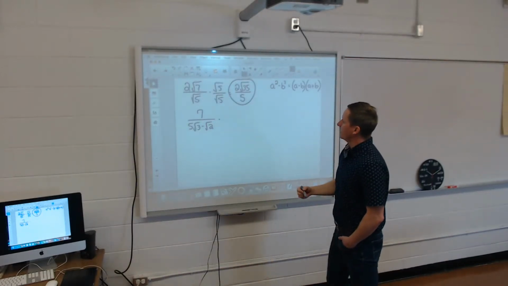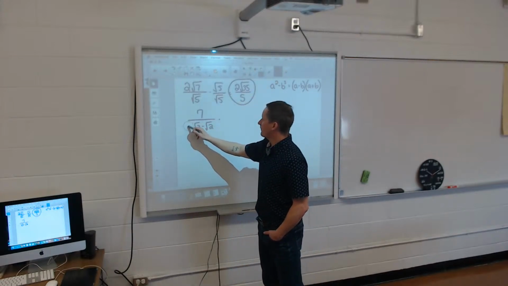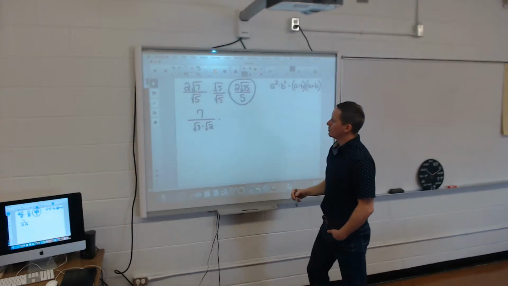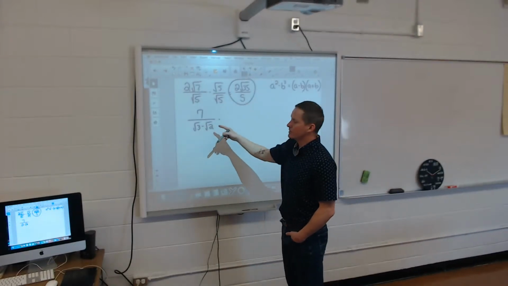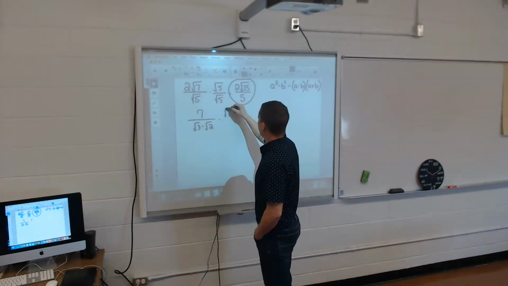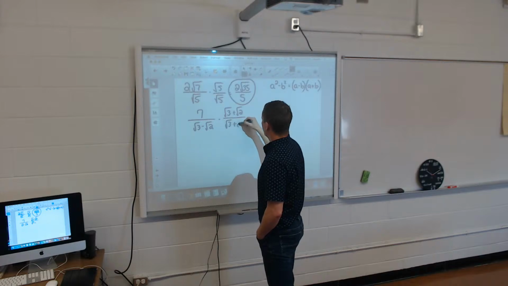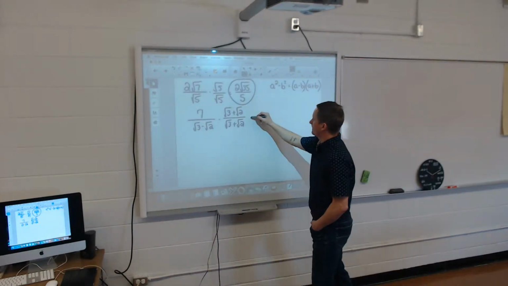So let's try this. I'm going to switch this question just for a second. I'm going to take the 5 out of there just for a minute, so I don't want it too complicated to start with. So the additive inverse of root 3 subtract root 2 is root 3 plus root 2. And again, whatever I multiply on the bottom, I have to multiply on the top.